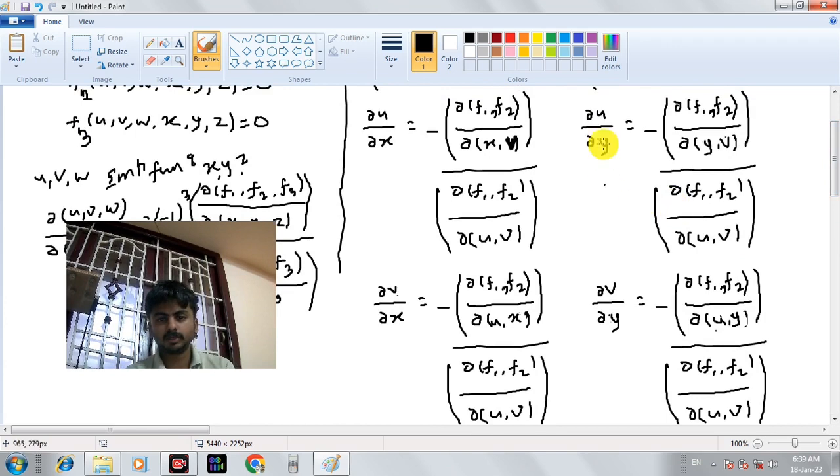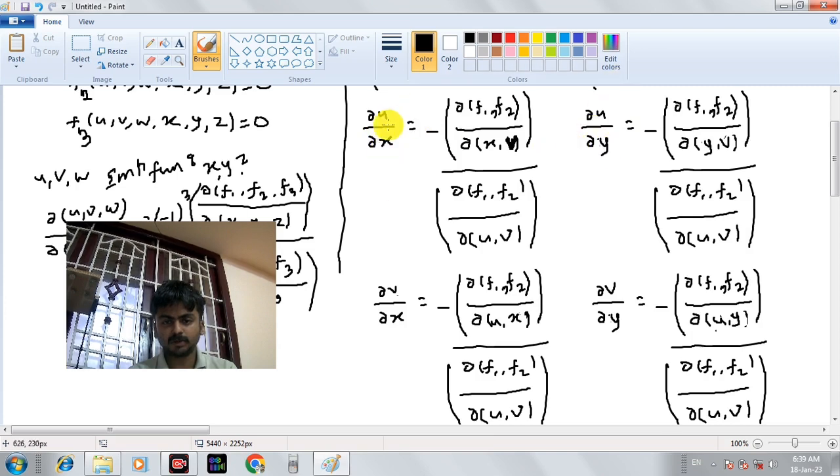So here we are having dou u by dou x and dou u by dou y, dou v by dou x and dou v by dou y. So when we are differentiating both f1 and f2, u is differentiated with respect to x and u is differentiated with respect to y.